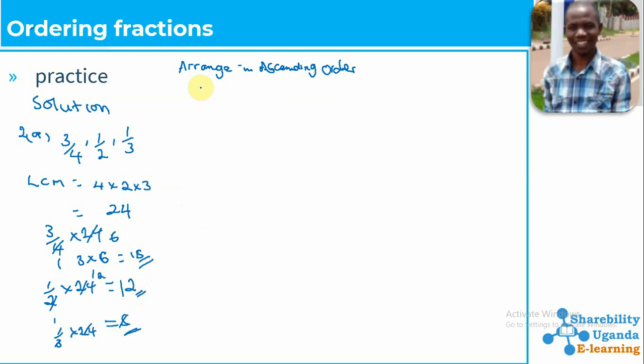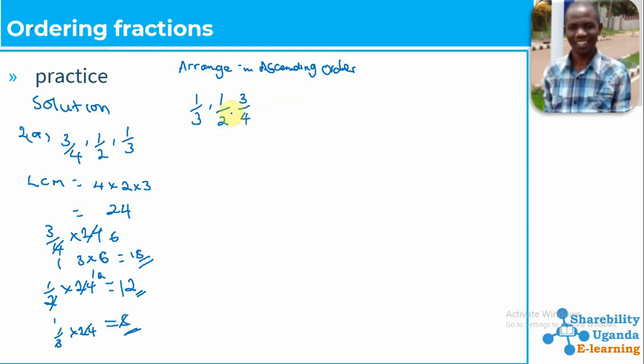So our 1 out of 3 is the smallest, followed by 1 out of 2, then followed by what? Followed by 3 out of 4.